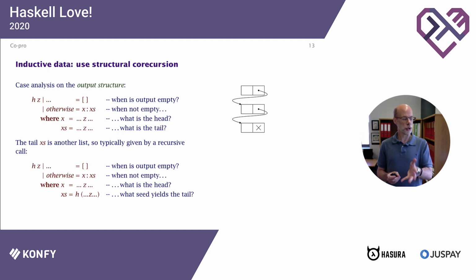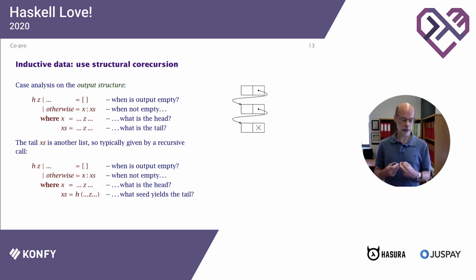So these are the questions you should ask yourself when defining a function that produces a list, in this case, by structural recursion. You have to say, when is the output going to be empty? Because that's when you produce the empty list. And when the output's not empty, where do I get its head from? So what is the head of the list? And from what seed do I grow the tail of the list?